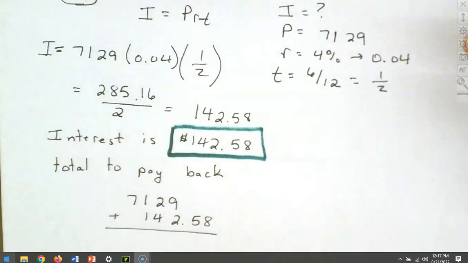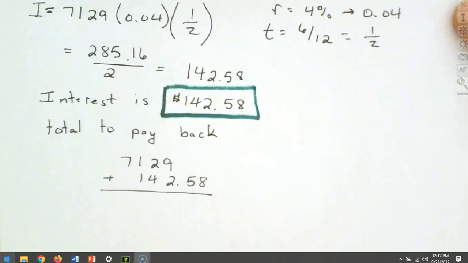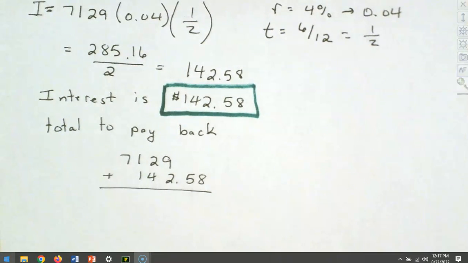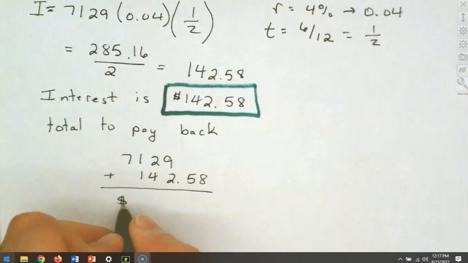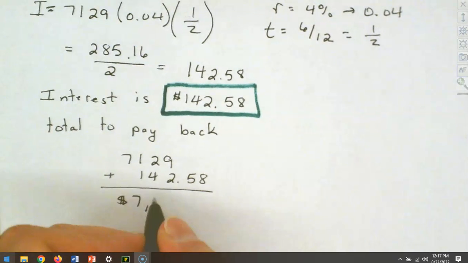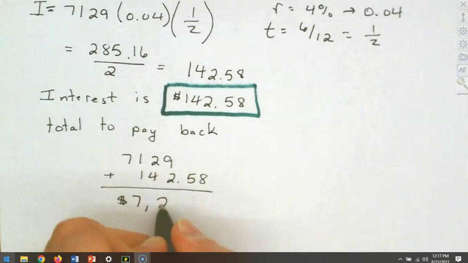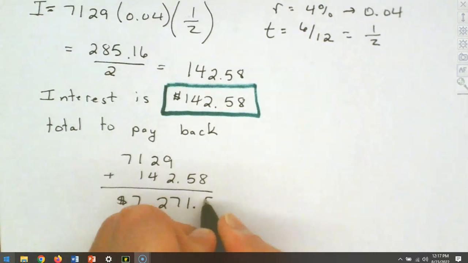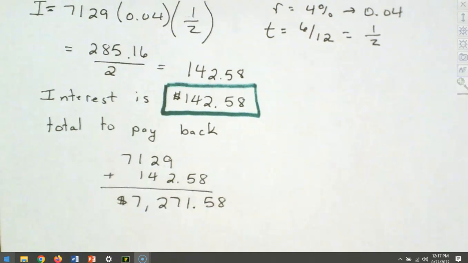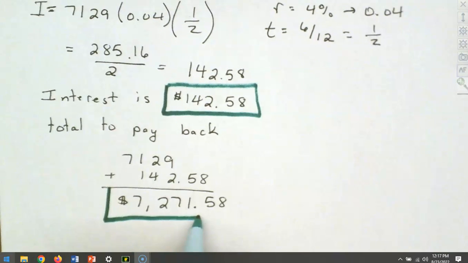We'll add those together, and how much total do we have to now pay back? Okay, so it looks like $7,129. We're going to add to that $142.58, and that gives us a grand total then of $7,271.58. And that's my total that I have to pay back. So those are what I want for my answers.